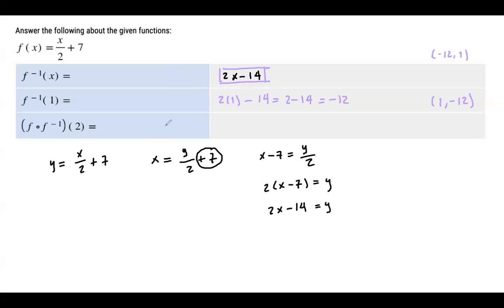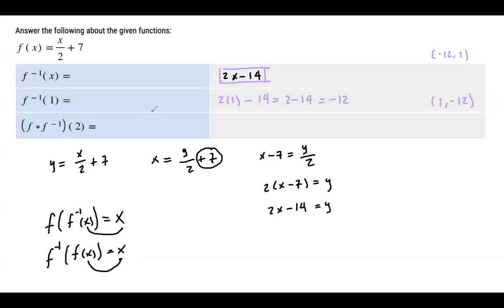And the composition, we know that a function is the inverse of another if either by doing this, you get that equal to x, or if you have the opposite composition, the answer is x. So that means that a function is an inverse of another when you pass them through both and you get the original input.